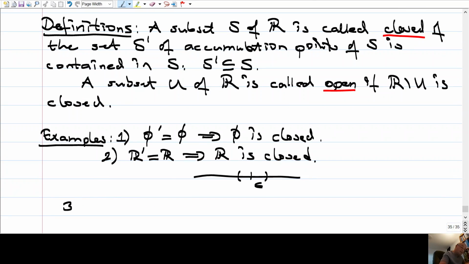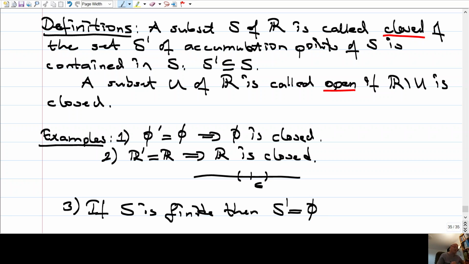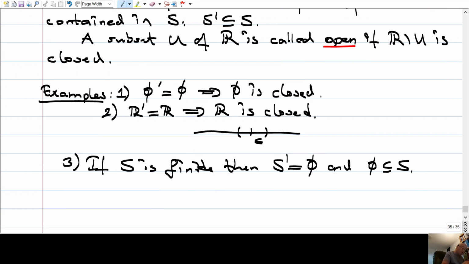We know that if S is finite, then S prime, the set of derived points, the set of accumulation points, is empty, because no interval can contain infinitely many elements from S, and the empty set is clearly a subset of S, so S is closed.